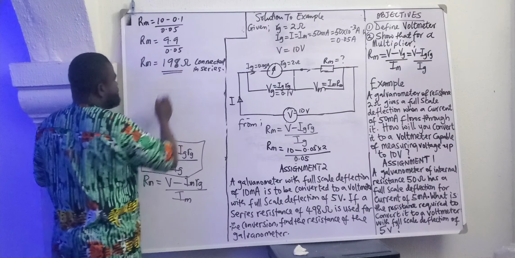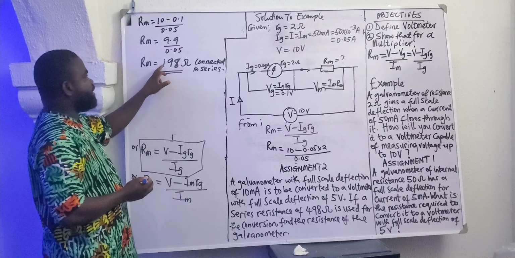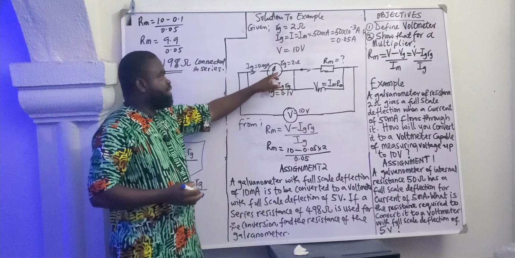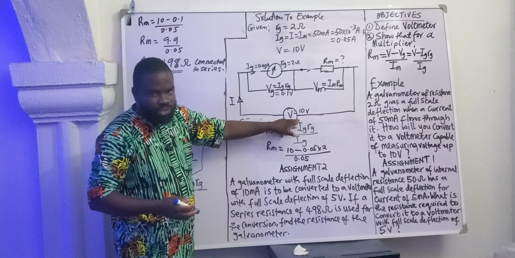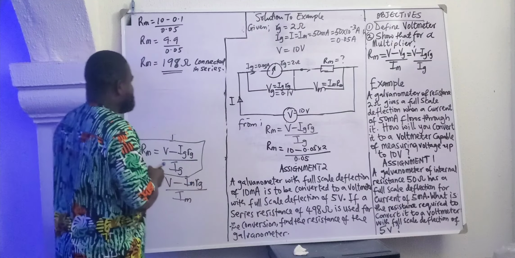So this resistance that is very high, connected in series to the galvanometer such that it can measure a higher value of voltage, is called what? Multiplier.